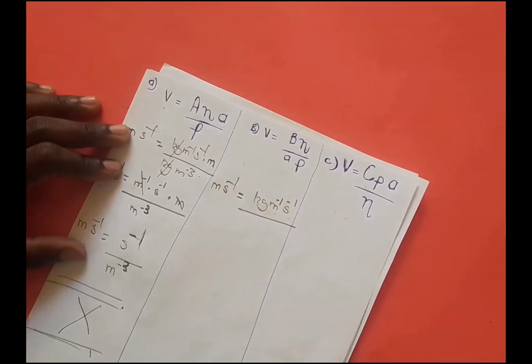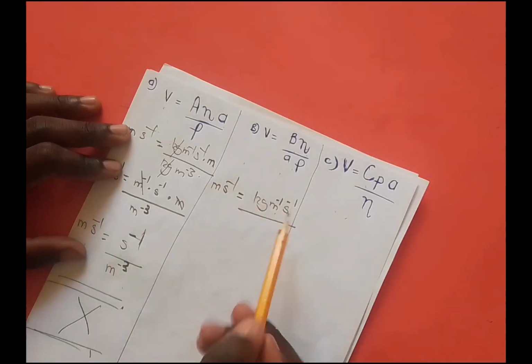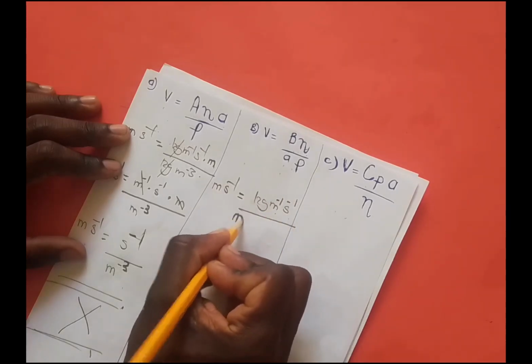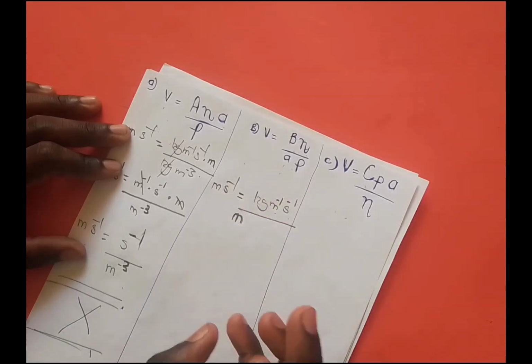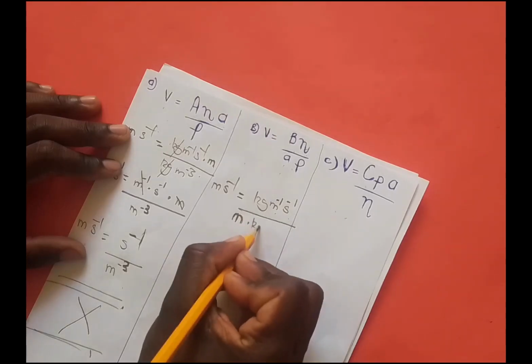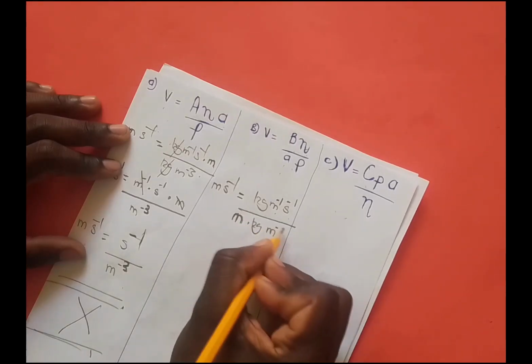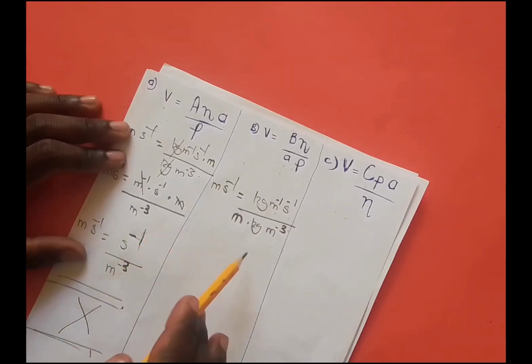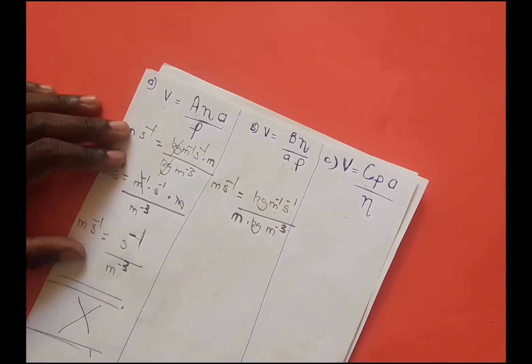Then A, according to the question, A is not area. A is length. The unit for length is meters. Then rho obviously is the density, right? Density, which is kg per cubic meter. All right. So at this point, we have not done any simplification. The simplification is starting now.